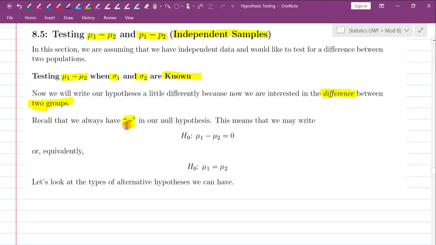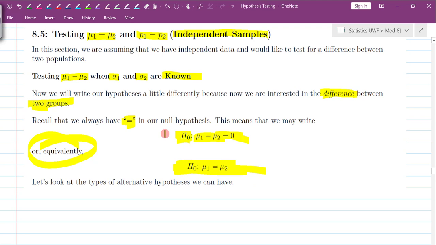So our null hypothesis would be mu1 minus mu2 equals 0. We could write it like that, or we can apply some simple algebra and add mu2 to both sides and come up with mu1 is equal to mu2. Whether the difference between the two is 0 or whether we state they're equal, both of these say the exact same thing. So make sure you think about that so you realize that.